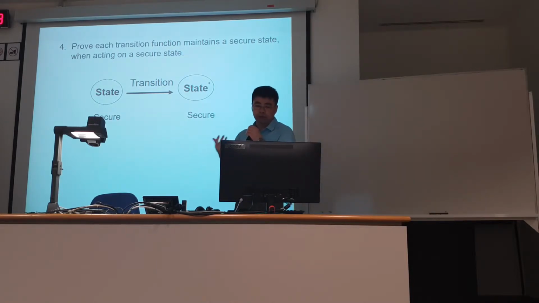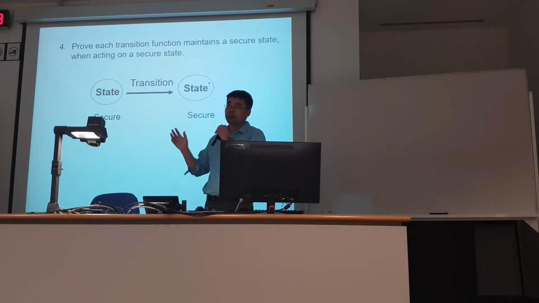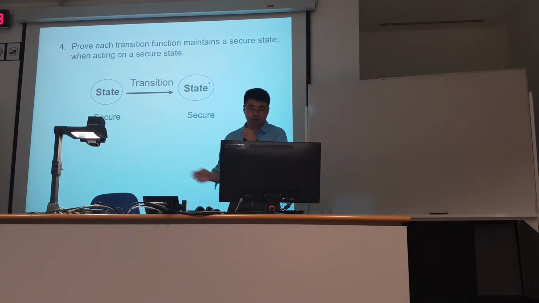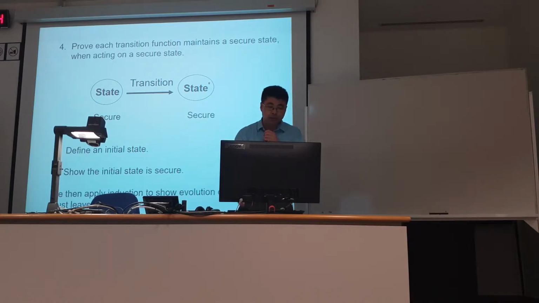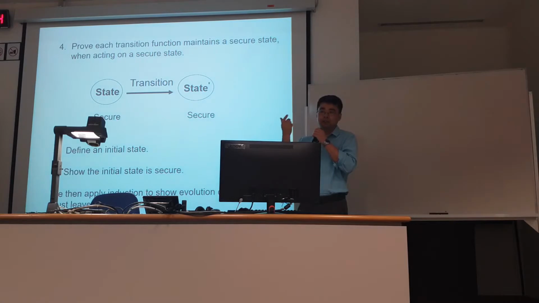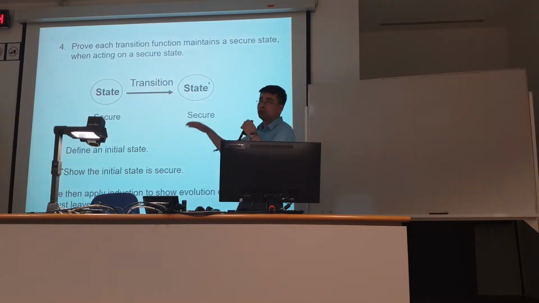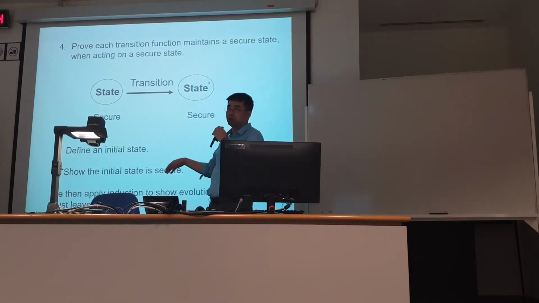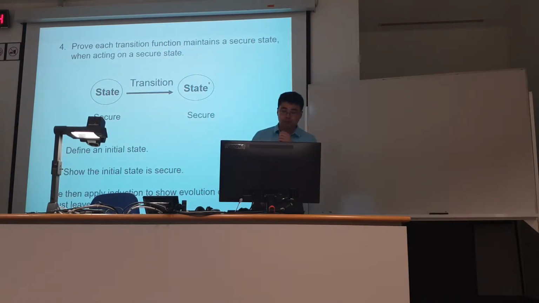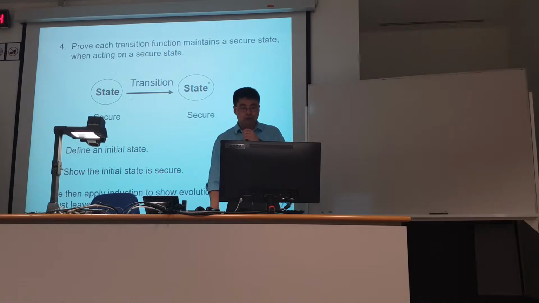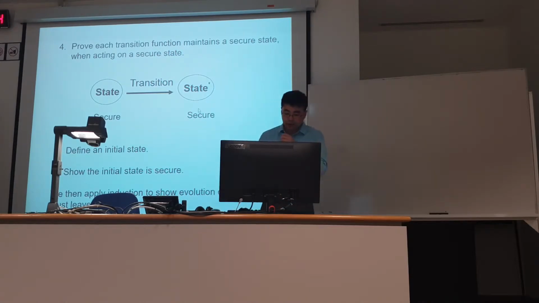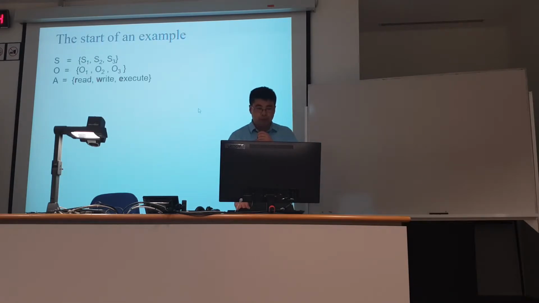You prove that if the i state is secure, the i plus 1 state will still be secure, similar to mathematical induction. Then you define the initial state, that means step 0. You show the initial state is secure, then you prove the system will always be secure because you have shown that the transition keeps the system in a secure state. So this is basically how we can use the model to prove.